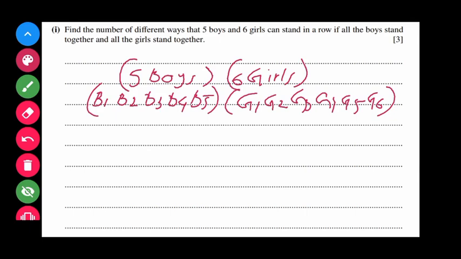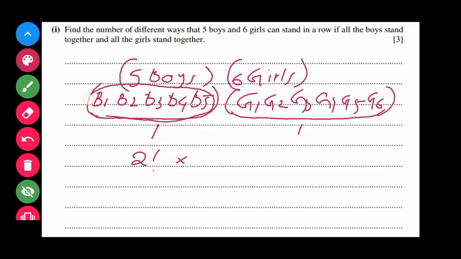So in such case we have discussed about the arrangement of being together, isn't it? So let's consider this as one group and this one as another group. So totally how many groups are there? Two groups. It can be arranged in 2 factorial ways times. Now let's look at the first group.